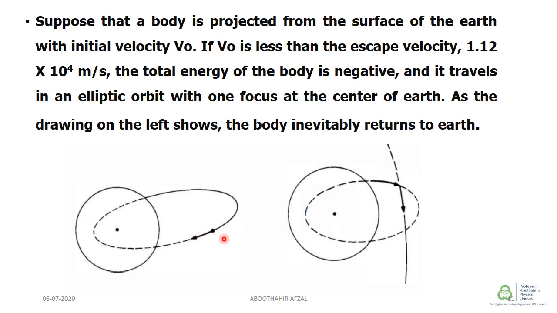So you can see here, if the initial velocity is less than the escape velocity of the Earth, the total energy of the body is negative. Therefore, it travels in an elliptical path, with the focus at the center of the Earth. That means the body returns towards the Earth.